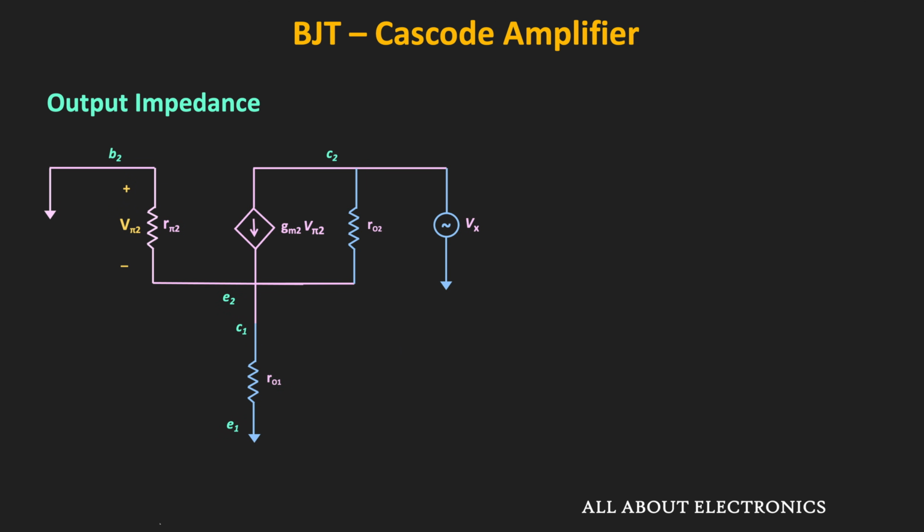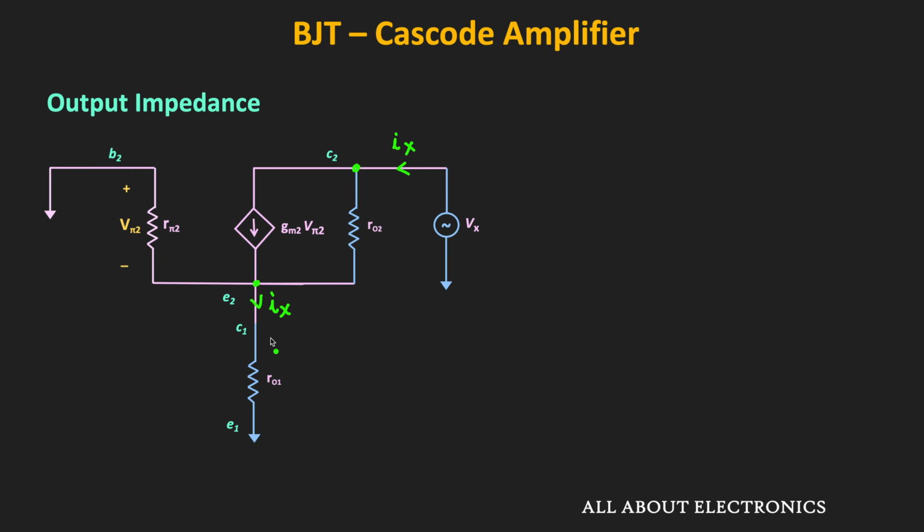So for the given circuit, now let us find the value of the output impedance. So here, let's say this current is equal to Ix. This current Ix is entering at this node, and the same current will also flow out at this node. That means the current that is going away from this node is also equal to Ix.